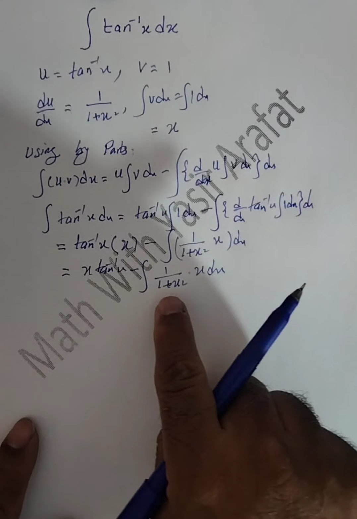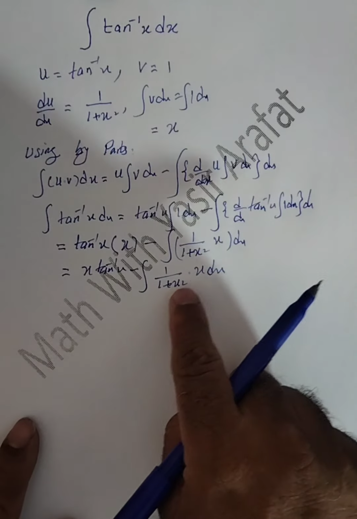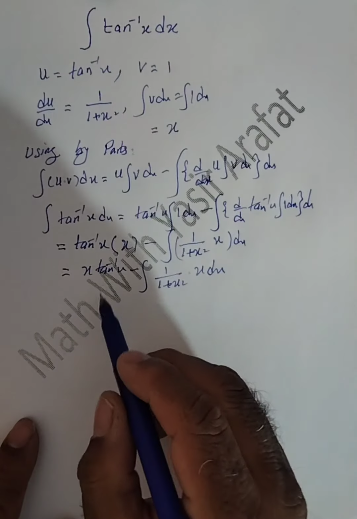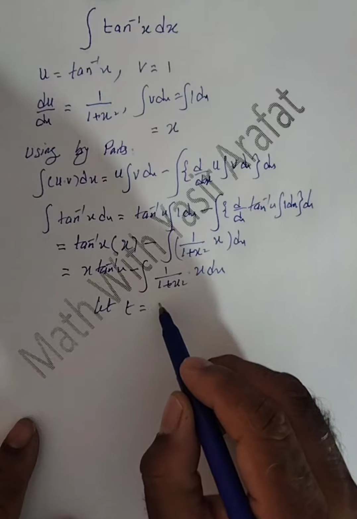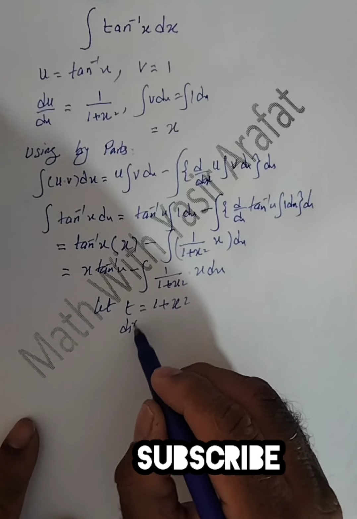So this is 1 plus x square, and its derivative is 2x. Here x is given, it means this is the function and this is its derivative. So we suppose that t equals 1 plus x square. Now differentiate with respect to x.